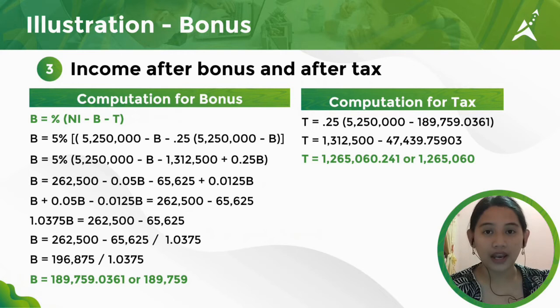Now, multiply again. 5 times 5,250,000 is 262,500, less 0.05B, because 5% times 1.